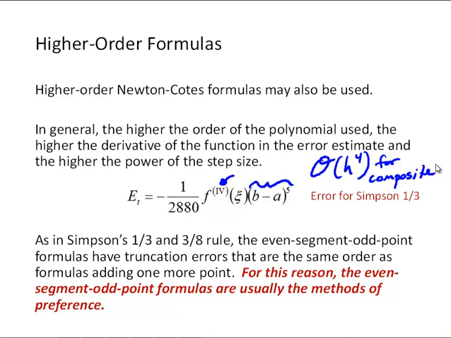And as in Simpson's 1/3 and 3/8 rule, the even segment odd point formulas are going to have truncation errors that are the same order as formulas adding one more point. So for this reason, the even segment odd point formulas, like Simpson's 1/3 rule, are preferred because they're computationally less expensive, but they give you about the same accuracy.